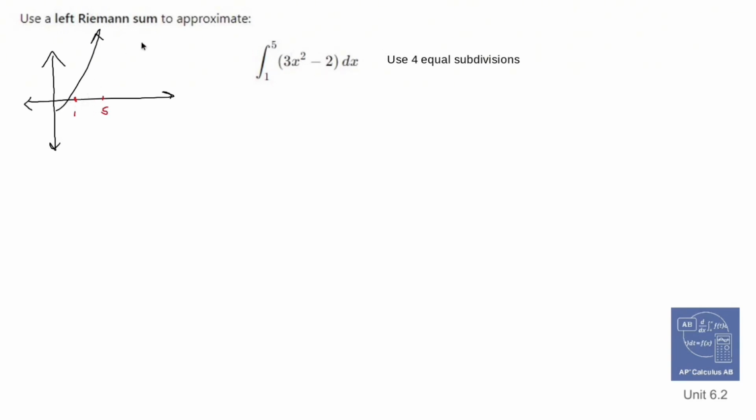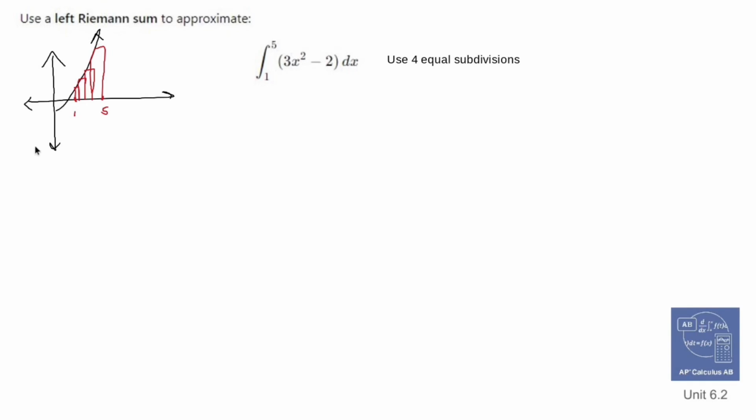Since I'm using a left Riemann sum to approximate it, I'm going to make believe that I'm building 1, 2, 3, 4 rectangles, and when I add up these rectangles, I get an estimate. So I need to figure out how long and how tall each rectangle is.